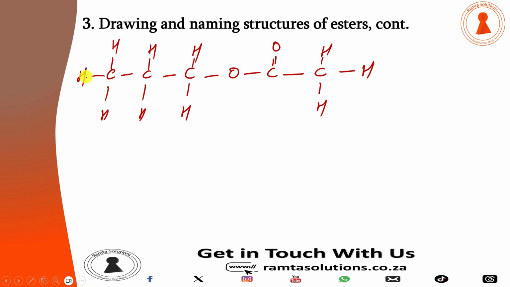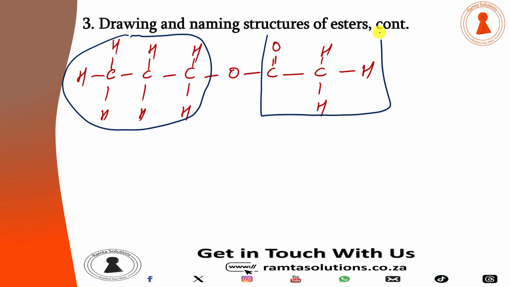So remember what I said to you. The alkyl group that is bonded to the oxygen will become the alkyl of the molecule. And this alkyl has how many carbons? 3. 3 means prop. So this will become propyl. And this is your longest chain.